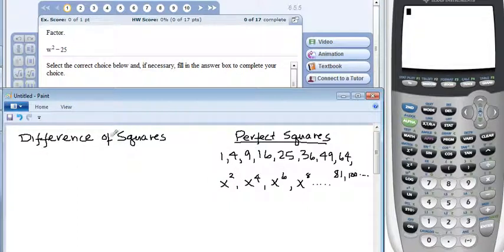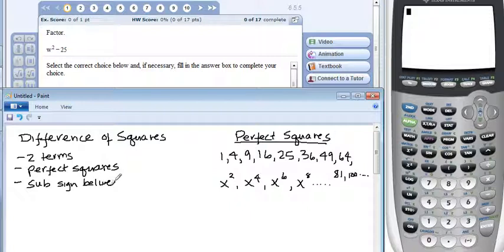So this is really a difference of perfect squares, but we just say squares. Okay, squares means perfect squares. And so to recognize these, they're always 2 terms, never more. Okay, so this is 2 terms. All pieces of it have to be perfect squares. Every single thing has to be a perfect square, and you have to have a subtraction sign between them.